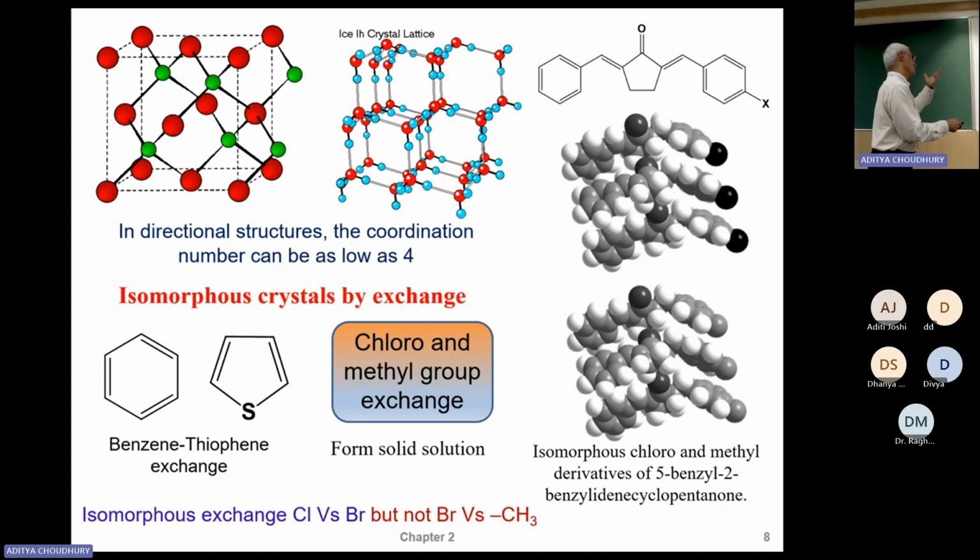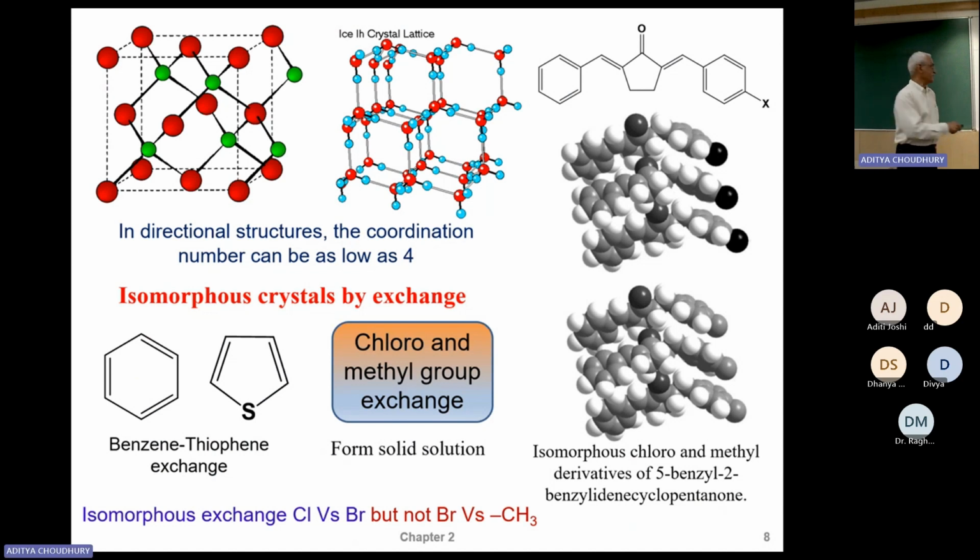Electronically, the chloro is different, but not much. The methyl group's size is more or less the same. So if they have the same crystal structures, we call them isomorphous crystals. So whenever you have a crystal structure with a chloro derivative, you can expect the same for the methyl derivative.